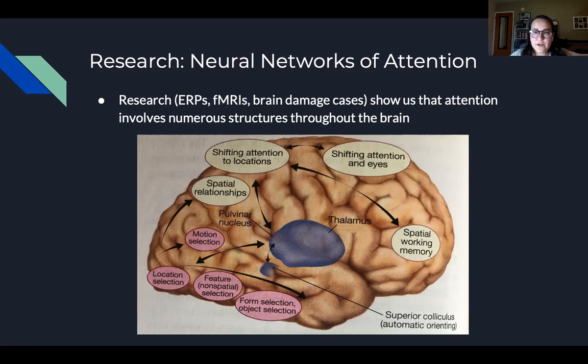But research in these various modalities has shown us that attention takes place across many structures in the brain. So there's not just one structure or region that is like the attention central. And like I said, we've learned a lot about the specific role of different areas through brain damage cases as well, that we'll talk about.